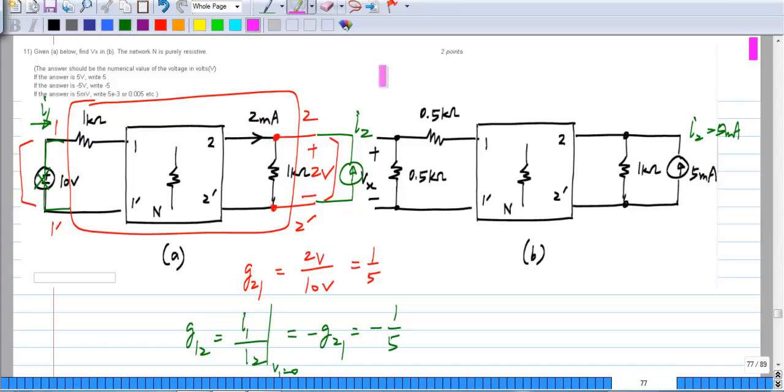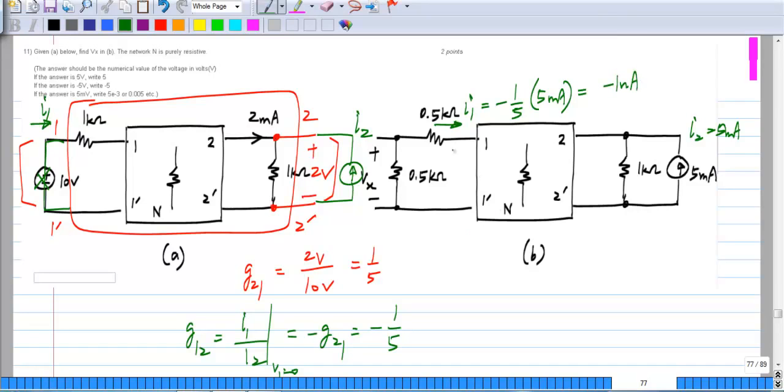And on this side, I don't have to do anything. It's simply 1 kilo ohm across 1 and 1 prime. So this will be my I1. I am just matching the quantities in this figure with that figure. So I know that this I1 in this direction is G12 times I2, which is minus 1/5 times 5 milliamps or minus 1 milliamp.